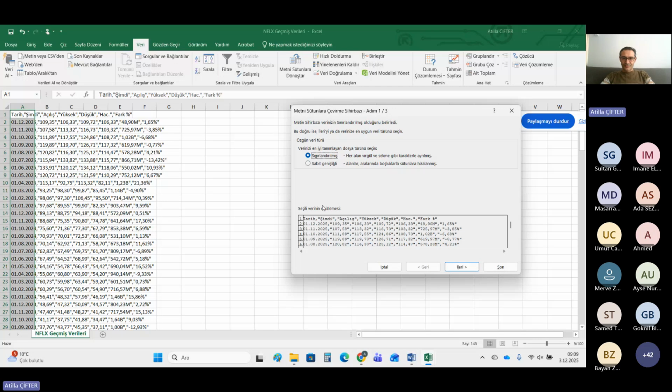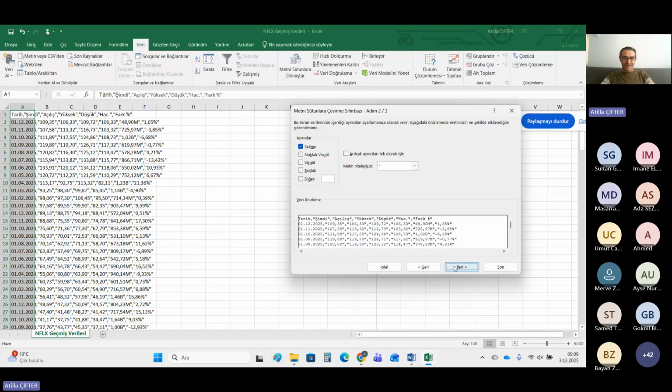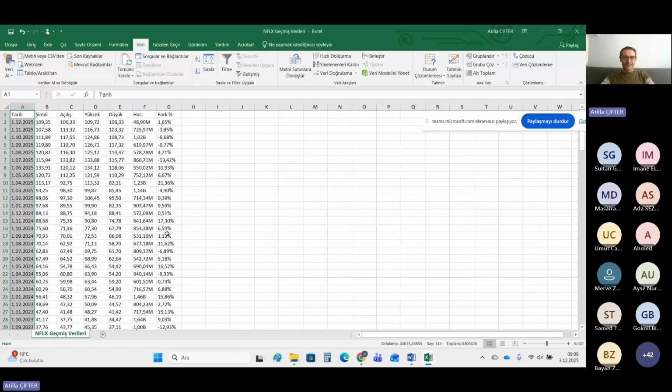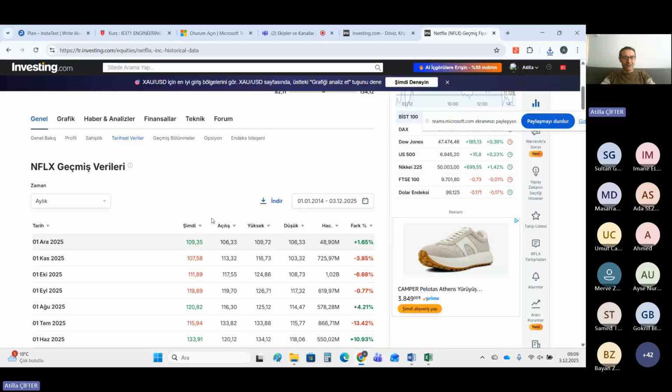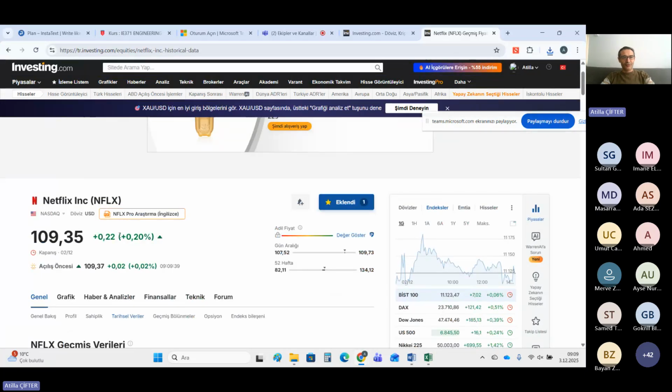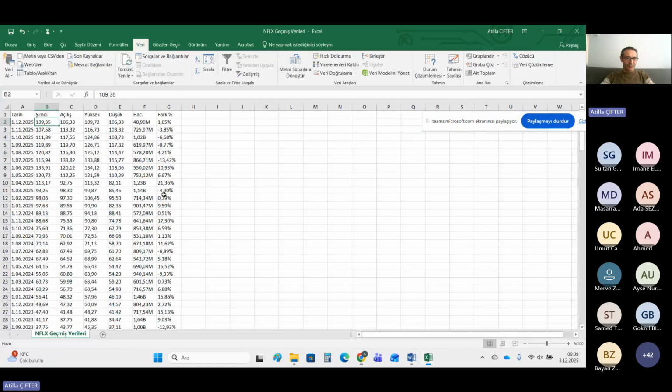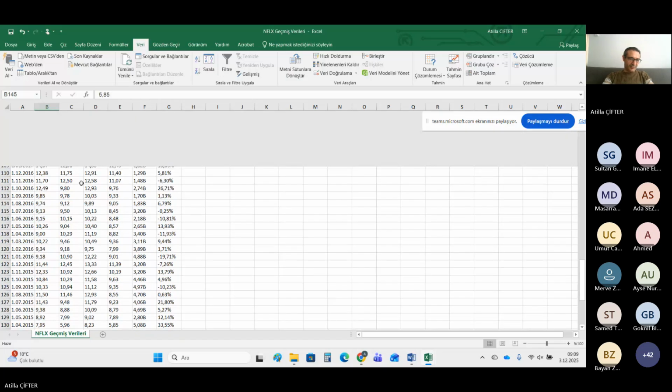So we select comma, because our separation is comma, and then we finish. So what do we know about Netflix data? Let's look at 2025, Netflix return is 109.35.